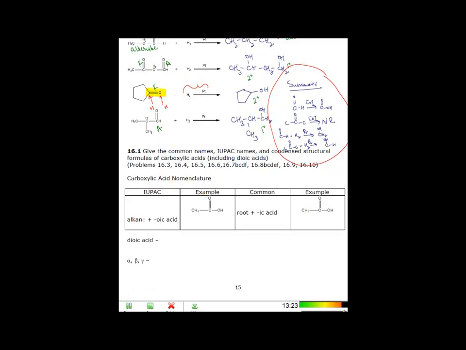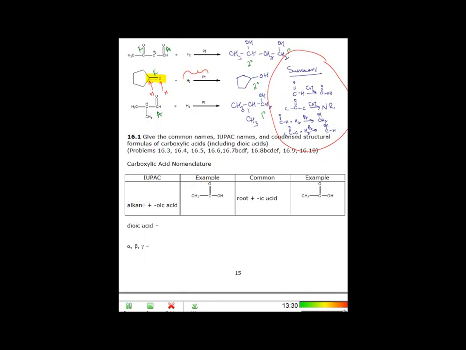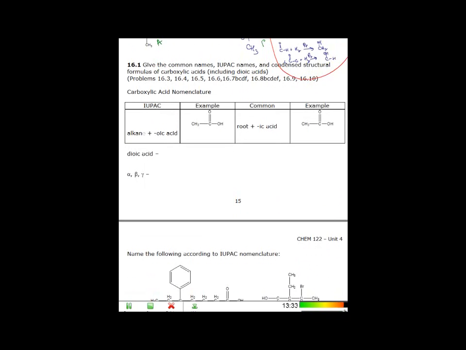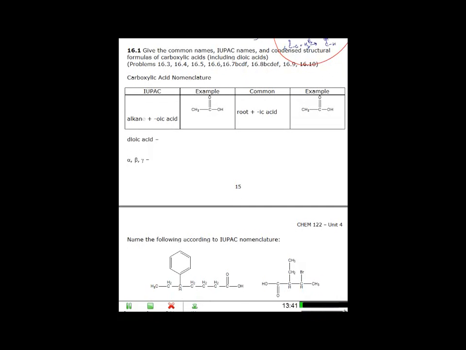We're going to talk about how to name carboxylic acids now. So I've given a few names of carboxylic acids and the reactions that we just talked about to kind of give you a preview. But hopefully by now these are becoming easier. You kind of recognize that there's a system and that as long as you have the basics from page 20, you probably can already name carboxylic acids.